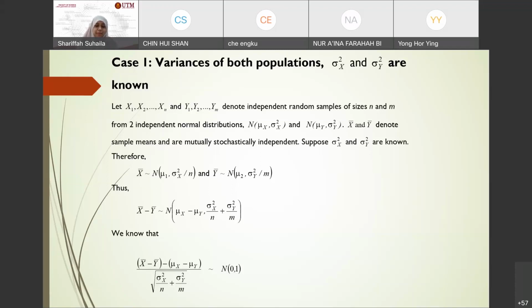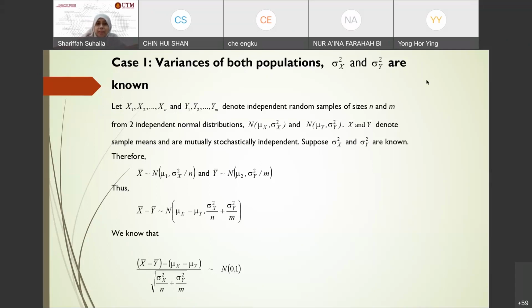Because what you have learned so far, from your first year until now in your final year for the statistics subject, is mostly parametric statistics. We have two types, parametric and non-parametric. Non-parametric is normally conducted without the normality assumption. If there is no normality assumption, then we conduct our test using the non-parametric approach.